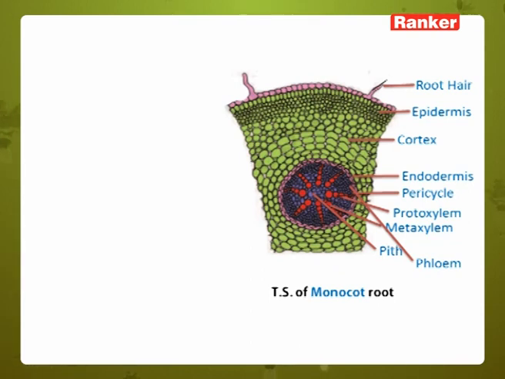Next is the endodermis, which is uniseriate and a common layer of universal occurrence in all roots. Next the pericycle, then the vascular tissue system where we have xylem and phloem. Here the condition is polyarch. Next we have the pith, which is sclerenchymatous and may or may not be present in some monocot roots. Okay, this is about the TS of monocot root.